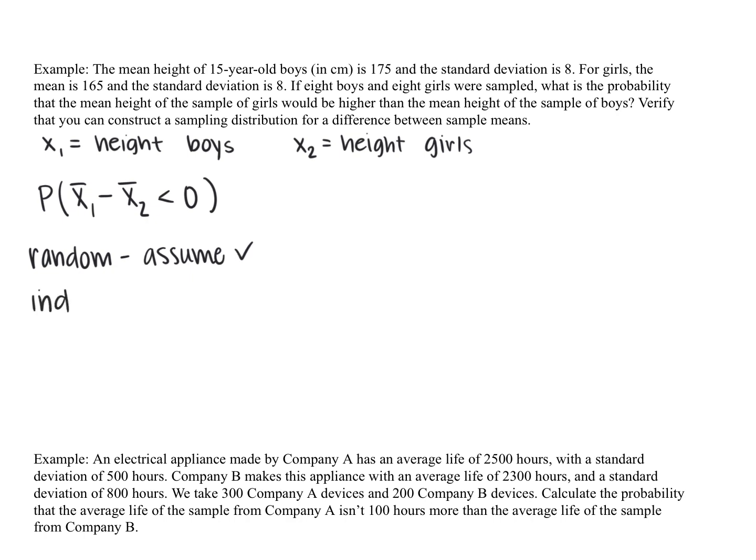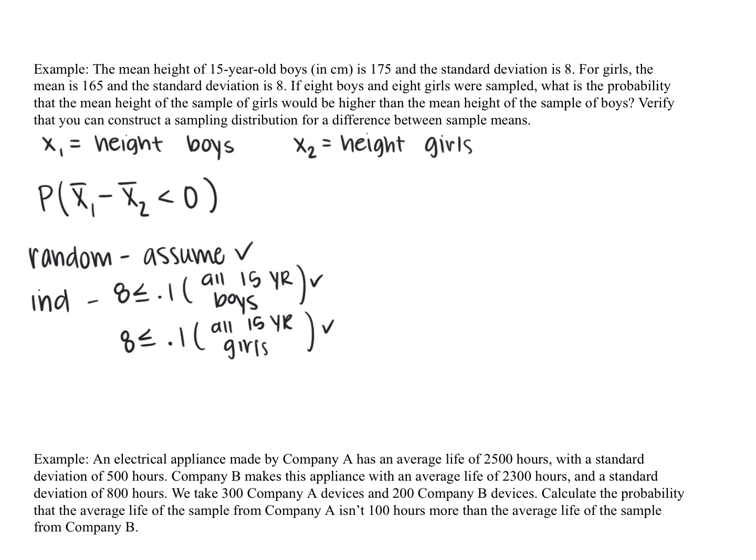For independent, my sample size 8 has to be less than or equal to 10% of all 15-year-old boys, which there's at least 150 of those. And then I also have to check that 8 is less than or equal to 10% of all 15-year-old girls, of which there are also at least 150 of those.